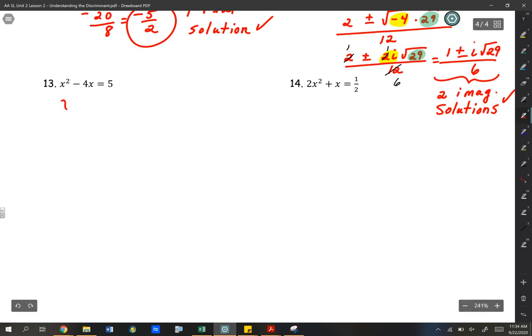With number 13, before we start, we want to rewrite it so that we have 0 on the right side. So we have to move the 5 over. And now we can go ahead.